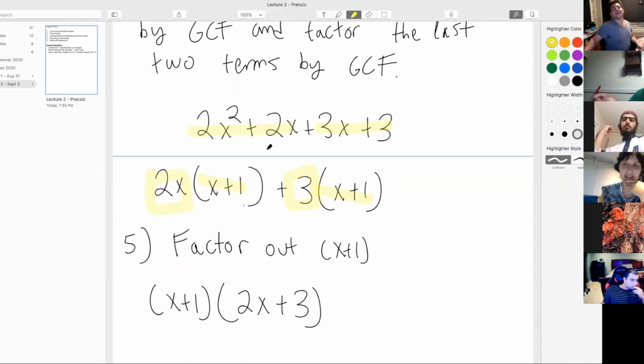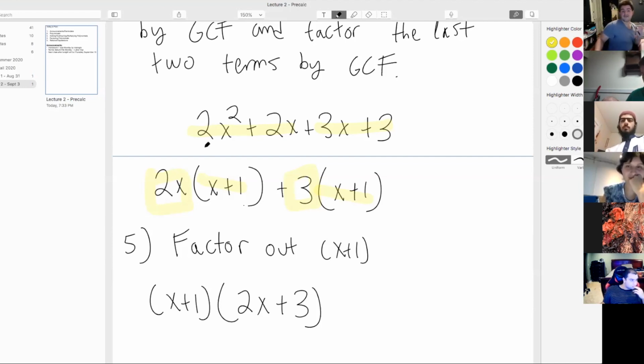Yeah. So basically that's the one thing you need to be careful with. If you write it in the wrong order, you will not be able to factor by GCF on the first two terms in some cases. Sometimes the order won't matter, but sometimes it's an annoying one, and if you write it in the wrong order, you won't be able to factor by GCF from the first two terms and the last two terms.